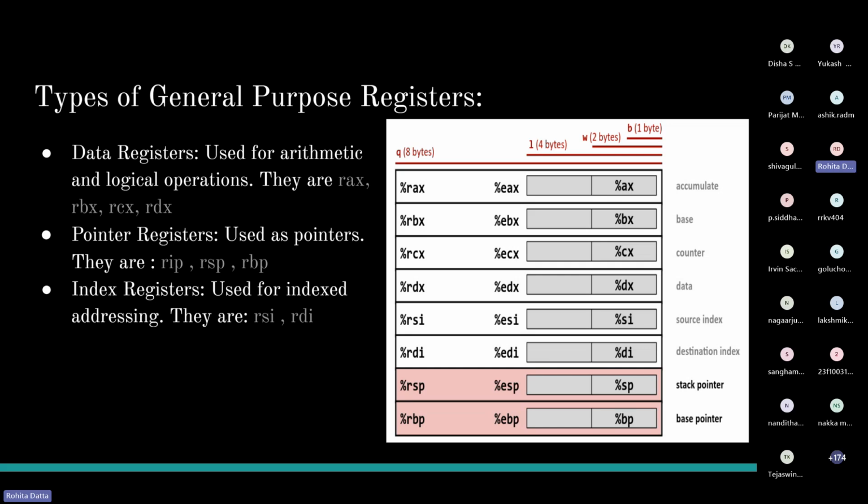So in your 32-bit architecture, you'll have registers that are 32 bits long. So you have EAX, EBX, ECX, EDX, ESI, EDI, ESP, EBP. ESP and EBP are important because they basically point to, they create stack frames.